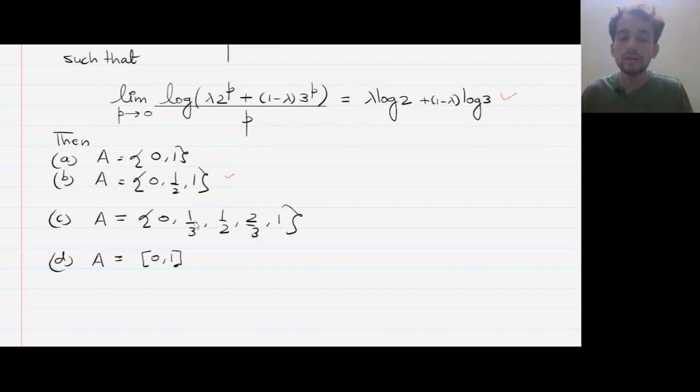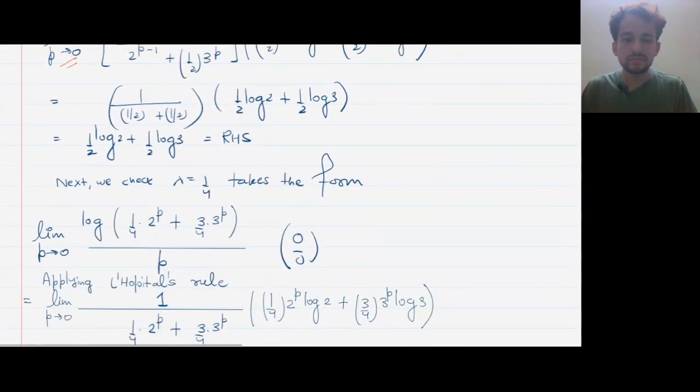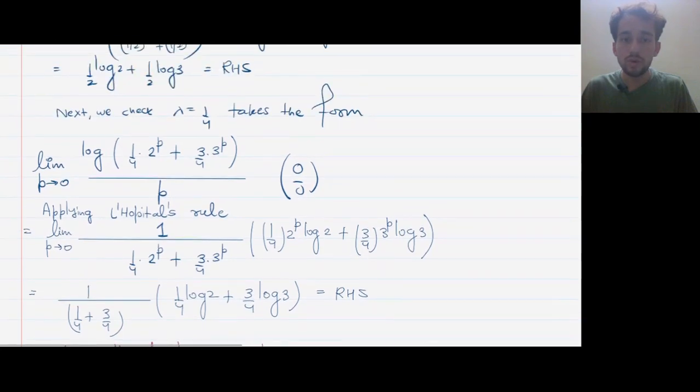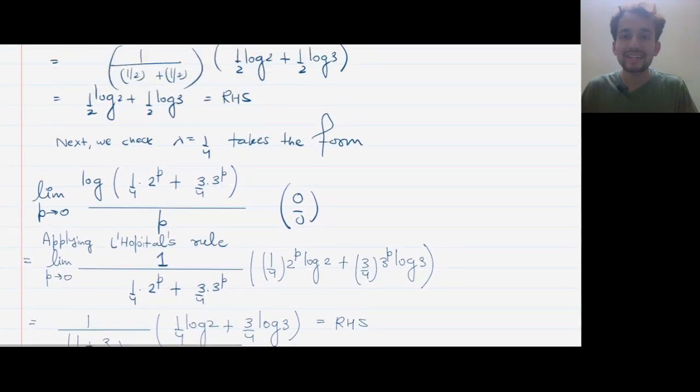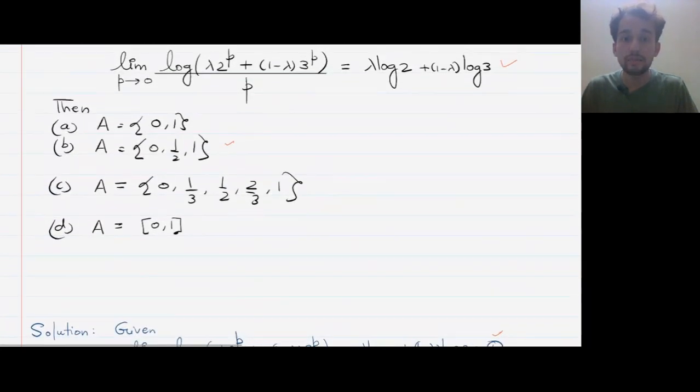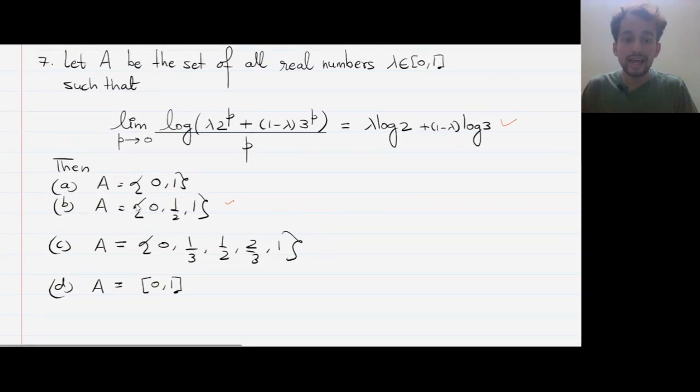No, what we have to do is check for that particular value which doesn't lie in any of the above 3 sets. So when I check this expression for lambda equals 1 by 4, I found that it satisfies this equation, and it is not a member of this, nor this, nor this.